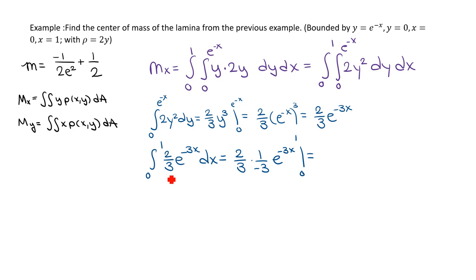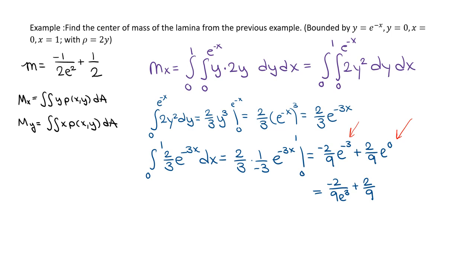And then I'm going to integrate 2/3 e to the negative 3x with respect to x. So I get 2/3 e to the negative 3x divided by negative 3. That would be negative 2/9 e to the negative 3x. I'm going to plug in my bounds of integration, so I'm going to plug in 1, and then I'll plug in 0 and subtract them.